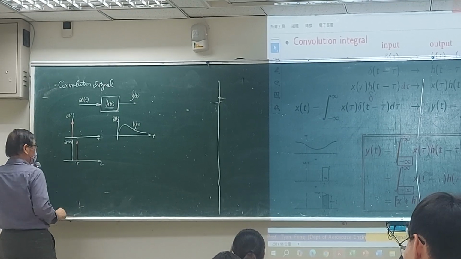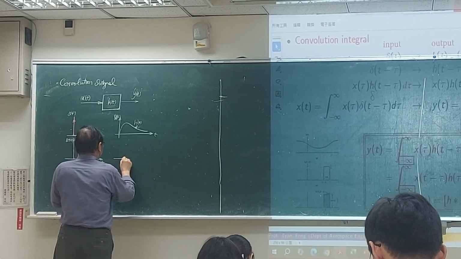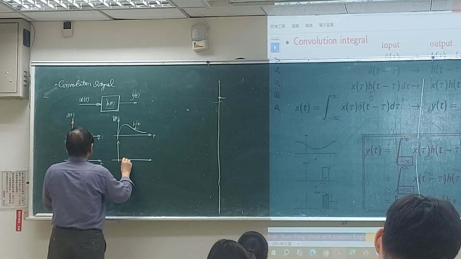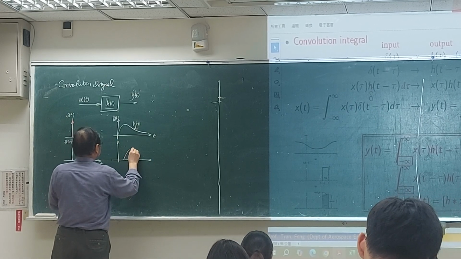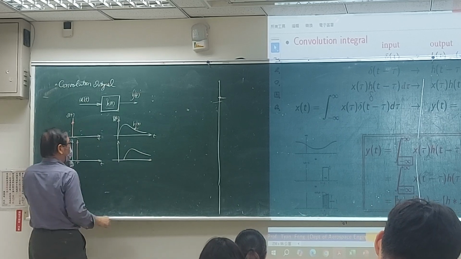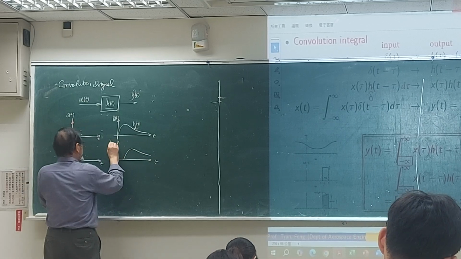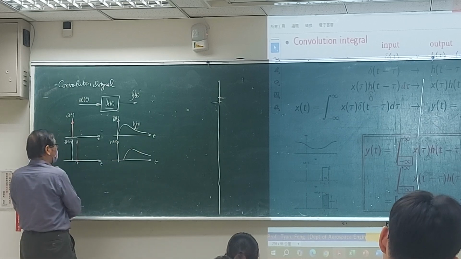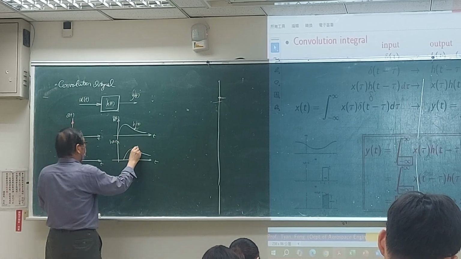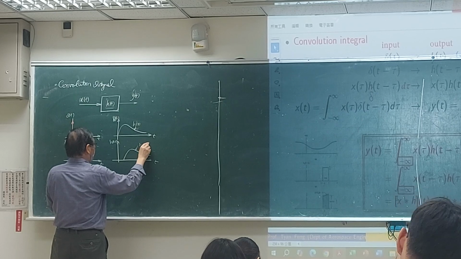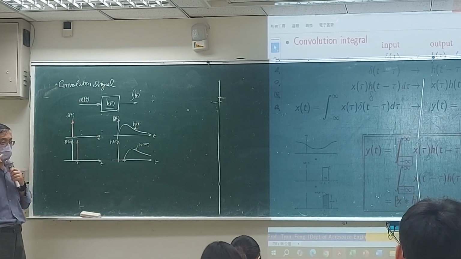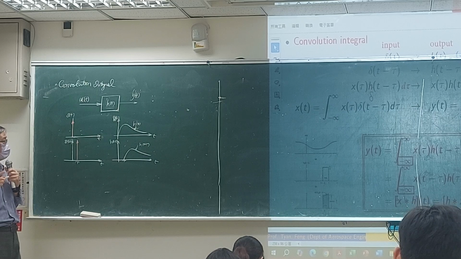This is the tau second. Then the output will also be delayed by tau second, but the shape remains the same. So that's the basic idea.